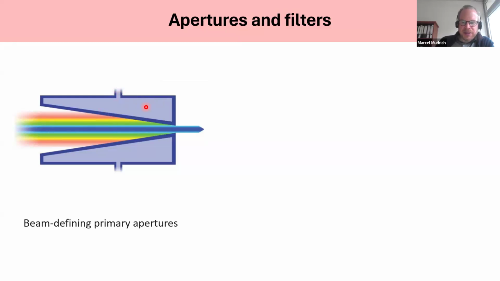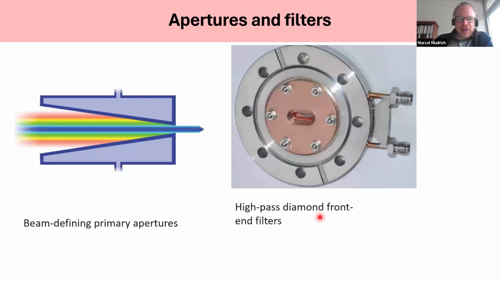And so these devices have to be water cooled. So for example, this is then a high pass filter that would sit just behind this aperture to roughly filter out only the X-rays, or the hard X-rays if that's what we are interested in. And that would be done with a thin diamond layer. And why diamond?